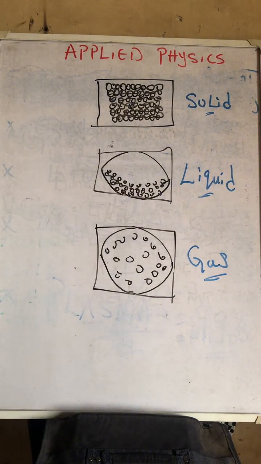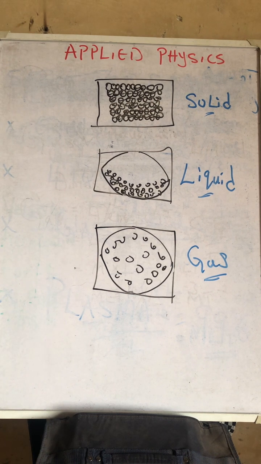But for these three, I'll also be explaining the plasma state of matter. Now, what is the solid state? In the solid state of matter, the particles, which can be atoms, ions, or molecules, are closely packed together.